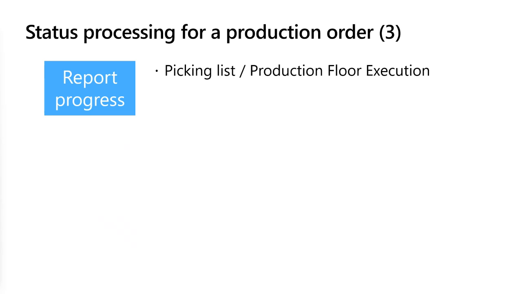You can also use the production floor execution application to report different consumptions on the production order, and also regarding the operations, the route card journal is useful to report the consumption of operations on the production order.